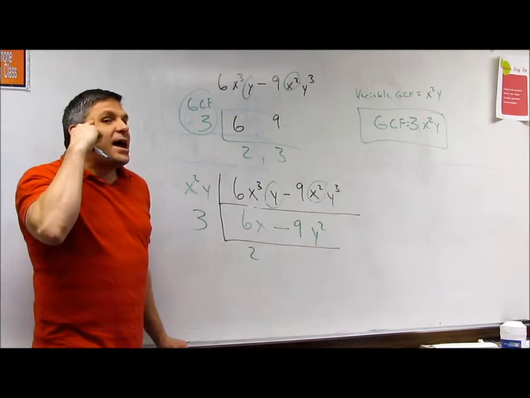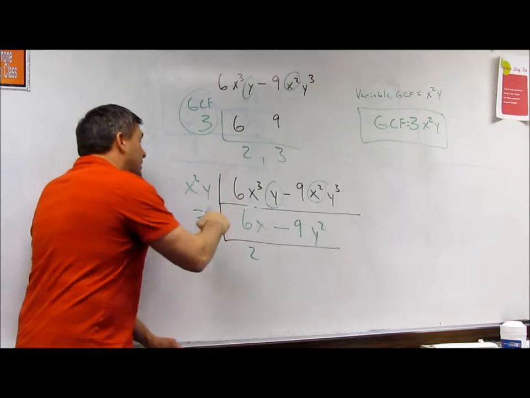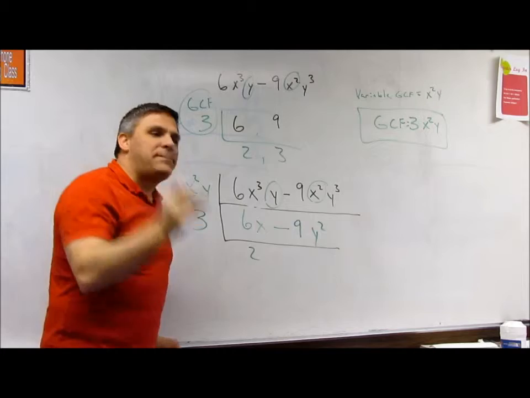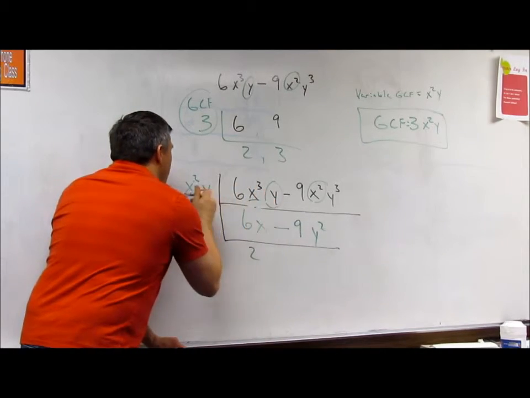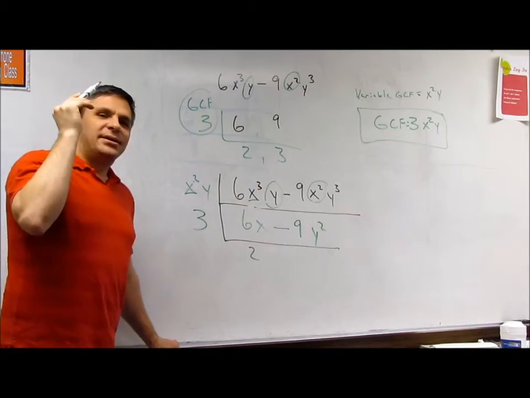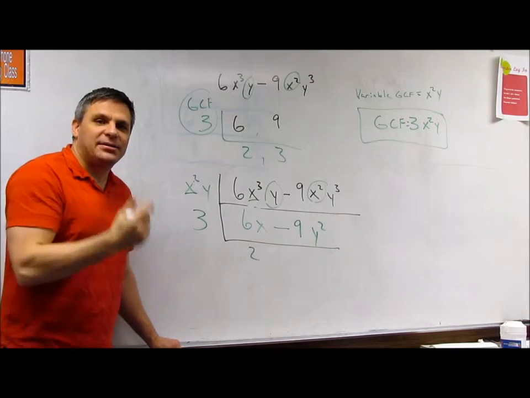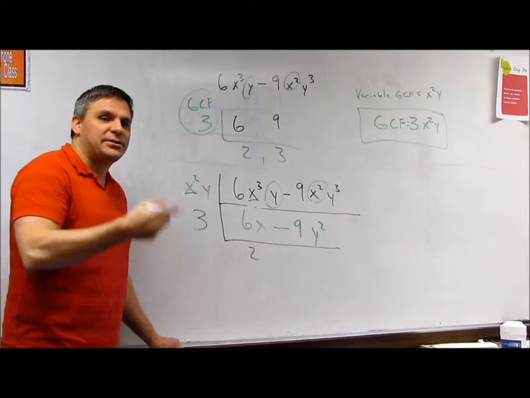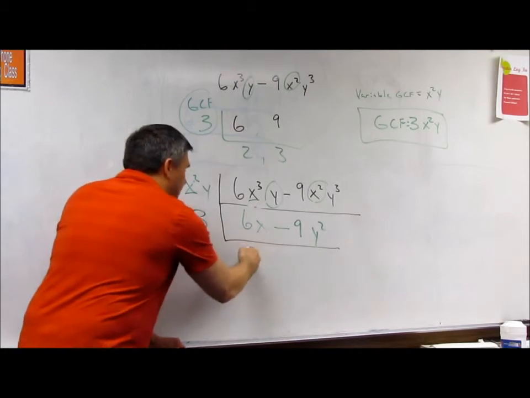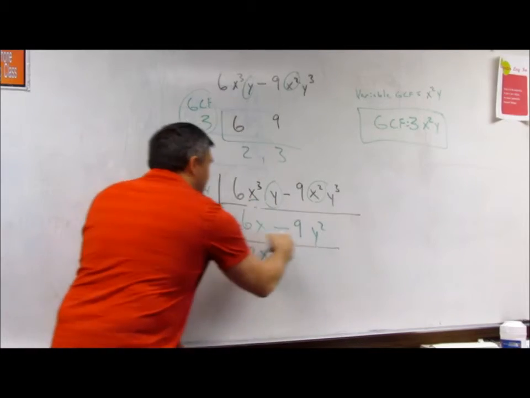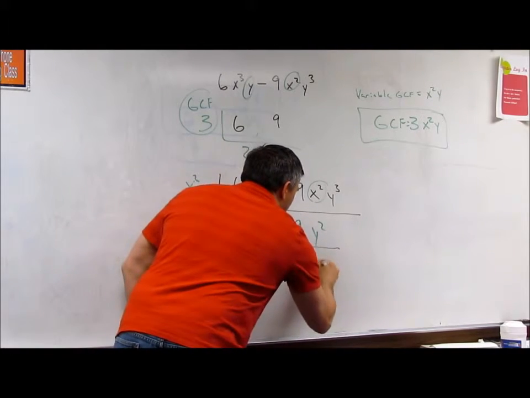So if you get that, you should be able to get that you're dividing this by this. And when you divide powers with the same base, you subtract exponents. So you have to get to know that. That's powerful. So 3 goes into 6 twice. And 3 goes into 9 3 times.